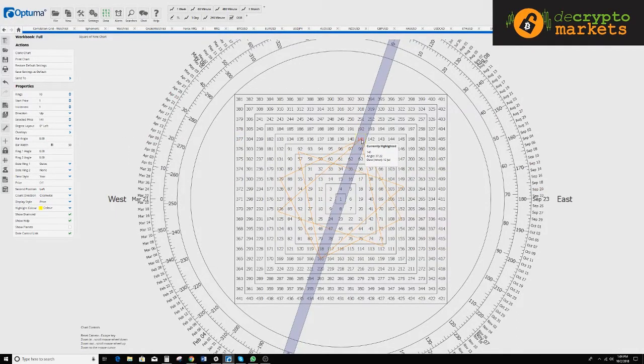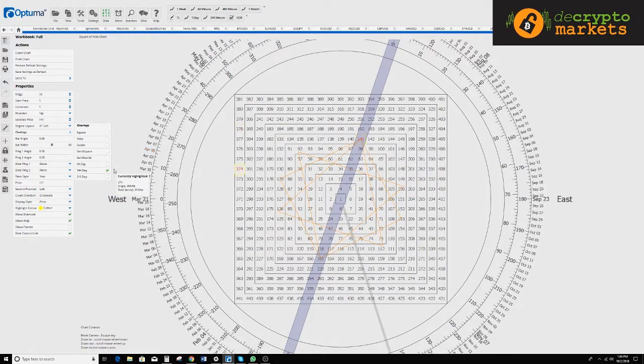So with 141, the square root of 19,898, I want to know what some price levels from that are. I could get the squared ranges from it, the numbers that are trine to it, so 120 degrees, and sextile, 60 degrees.